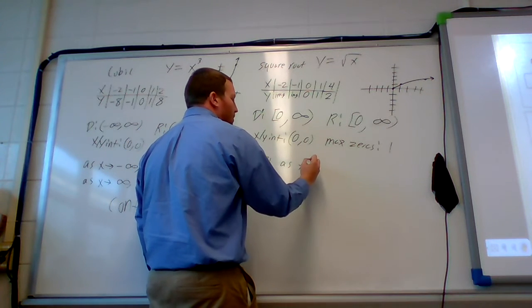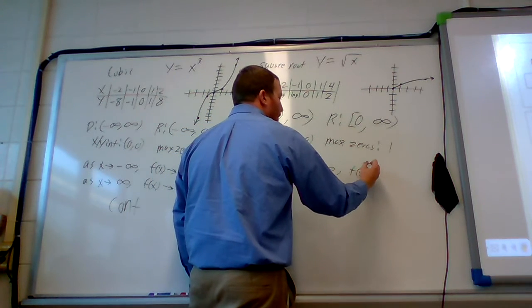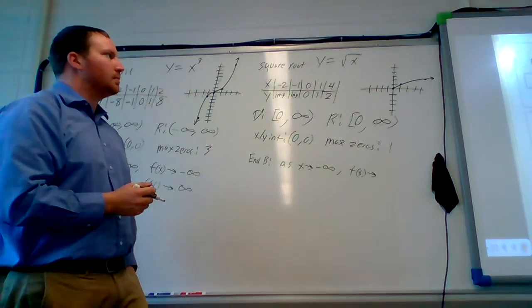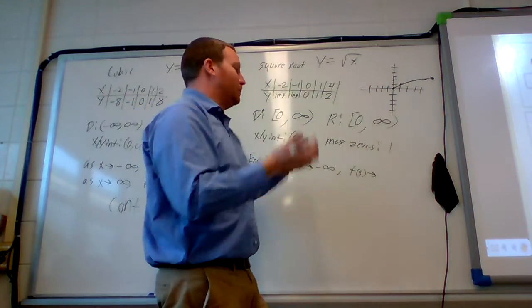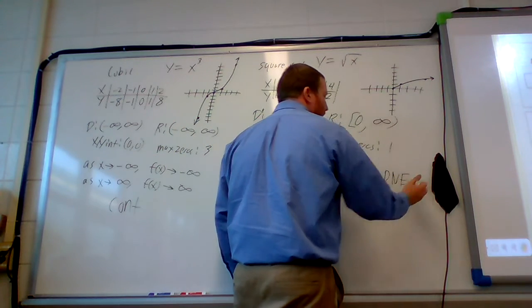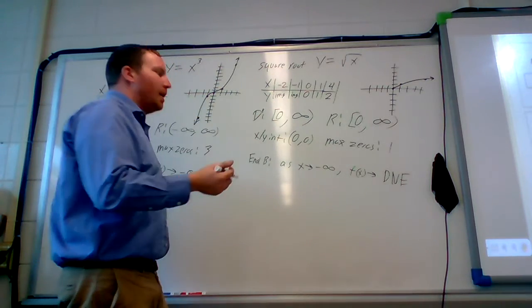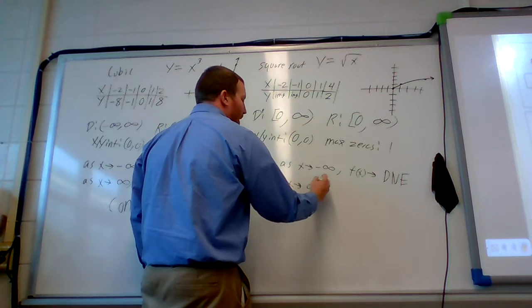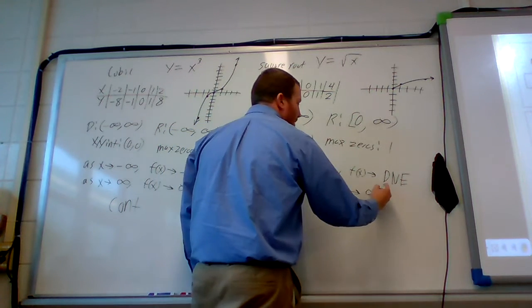As x approaches negative infinity, f of x approaches what? Well, do we have one? No, we just don't even have one in this case, right? As soon as we go into that negative area, we don't exist anymore. We're in the imaginary realm. We're not a part of it. But as x approaches positive infinity, f of x approaches positive infinity.